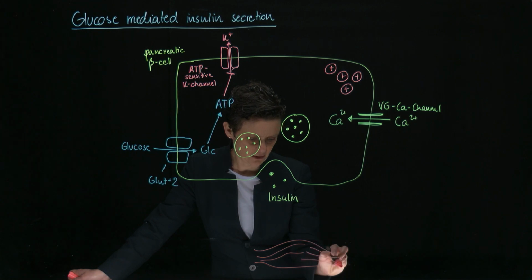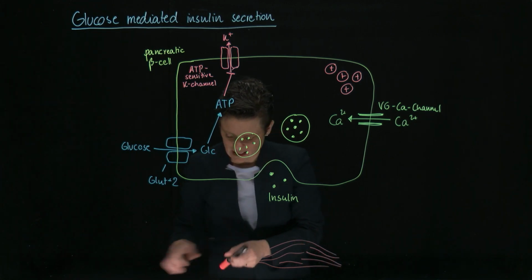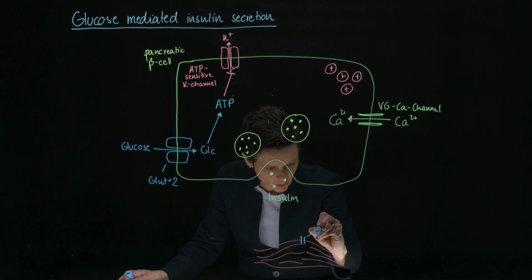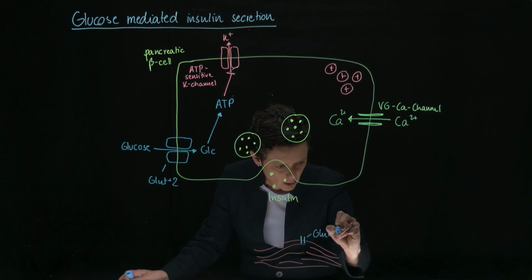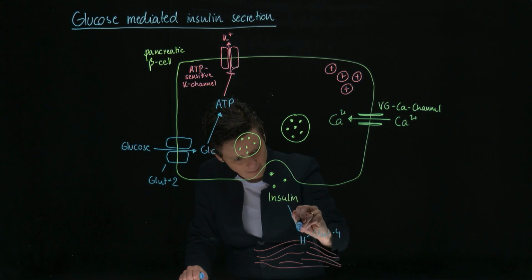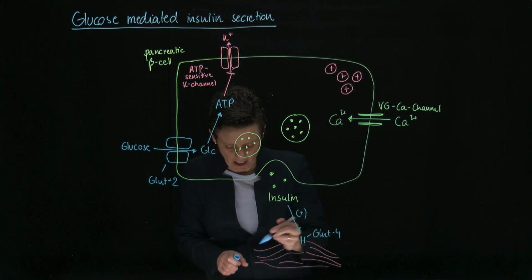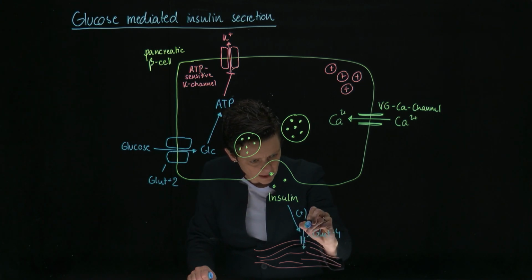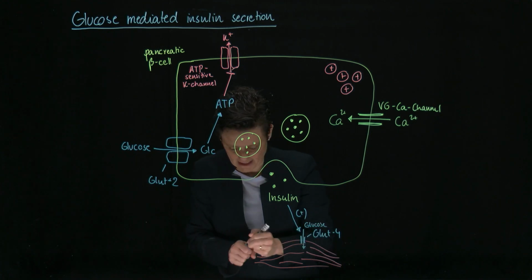Once there is insulin around, we're going to start expressing more GLUT4 on the skeletal muscle. So we're going to upregulate GLUT4, and then the glucose can be stored away, so glucose goes into the skeletal muscle.